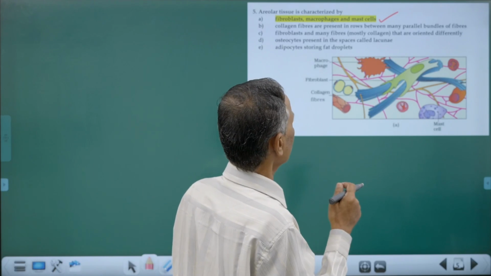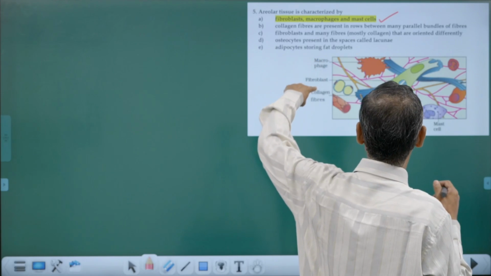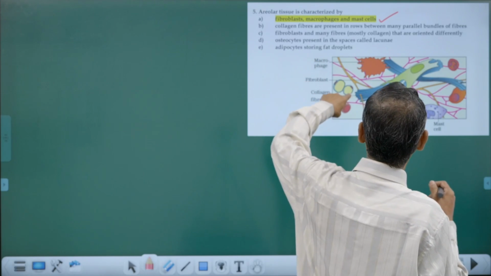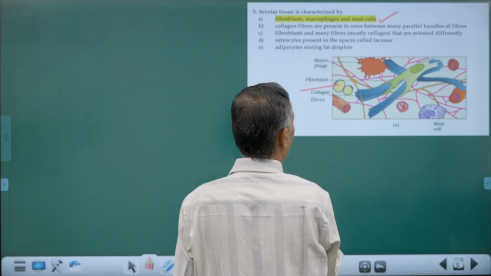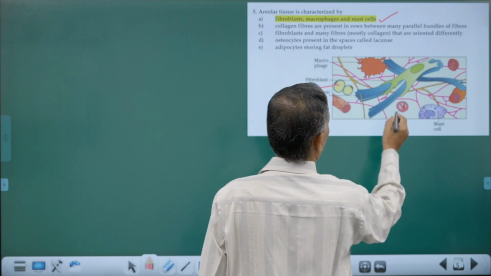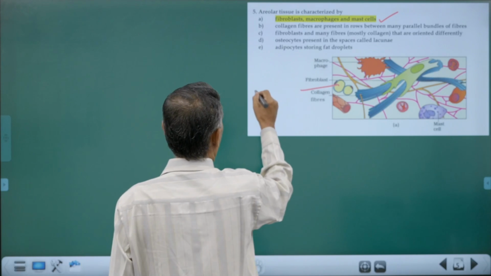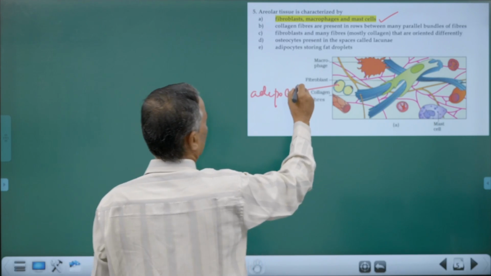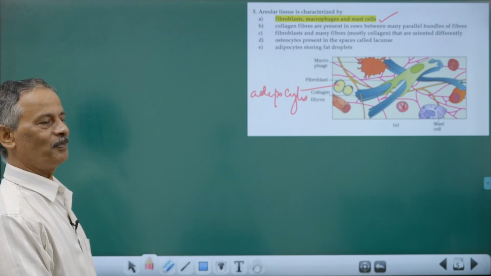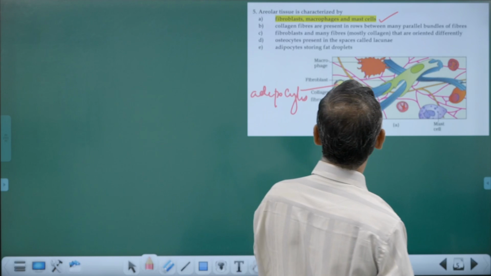They will be having mast cells, macrophagic cells, and the most important fibroblast cells. And very few, you can see, fat-filled cells which are all used for storing of fat. They are called adipocytes. Adipocytes. Storing of fat will be the function.